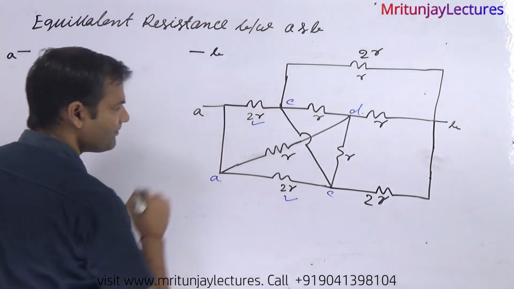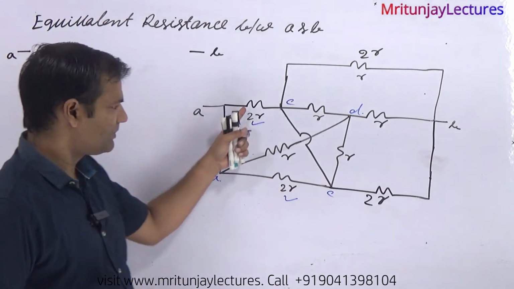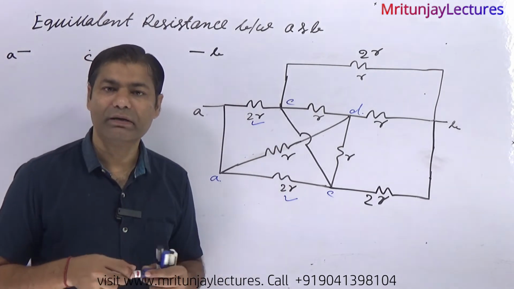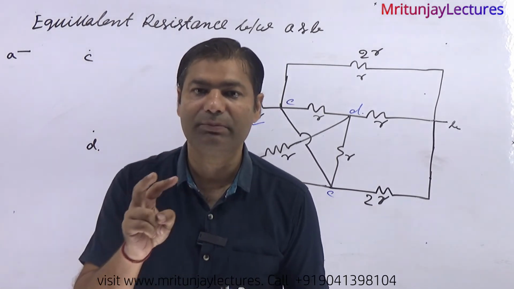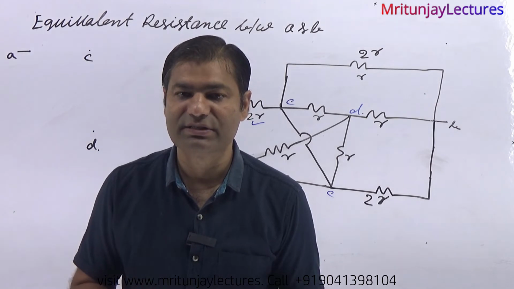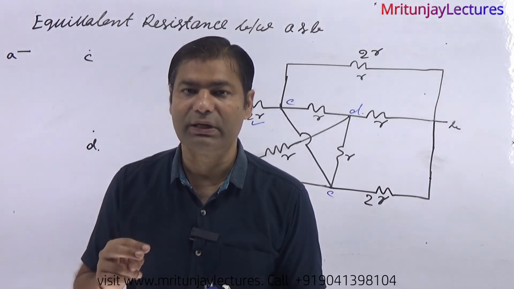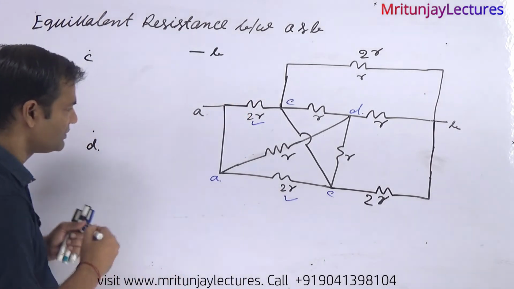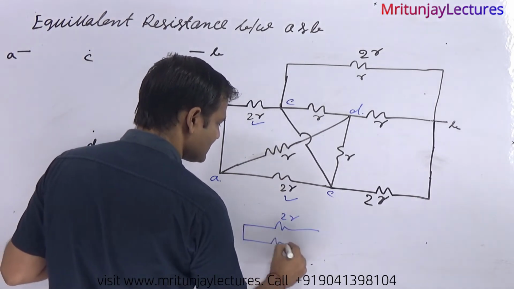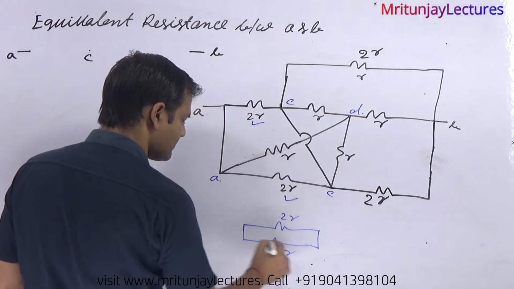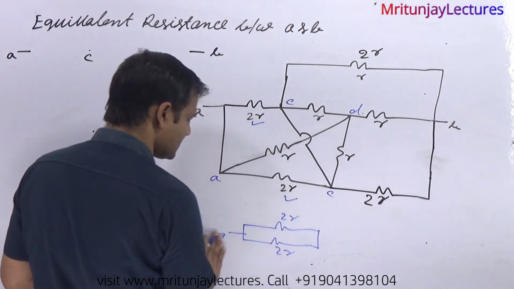Both are connected in parallel. So what about the equivalent resistance between 2R and 2R? That is R, if both 2R resistances are connected in parallel.